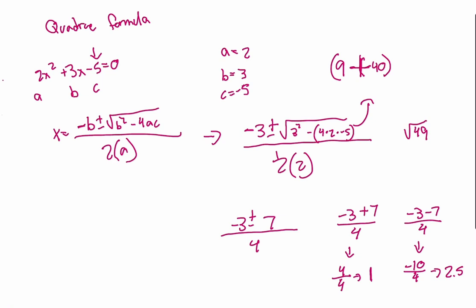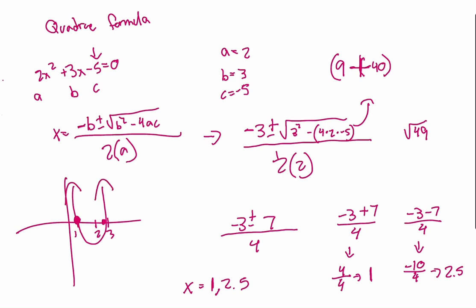So our x values are going to be 1 and 2.5. When we graph this quadratic, our x-intercepts are going to be at x equals 1 and x equals 2.5. If this is 2 and 3, we're going to have one intercept here, one intercept here. And again, we're going to be going in a positive direction because our a term is positive.